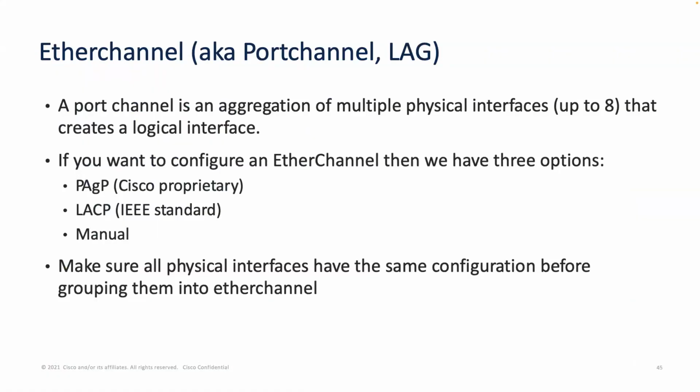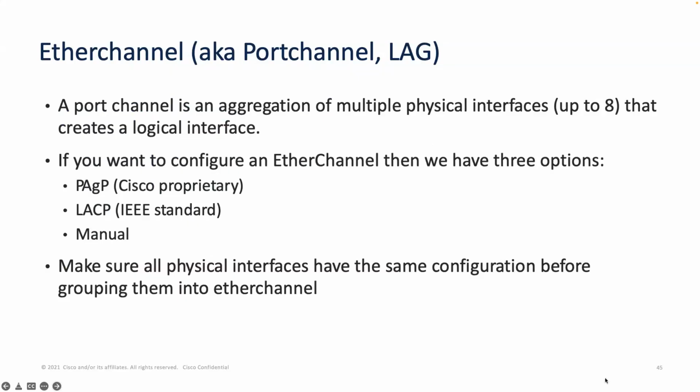Okay, the next topic is EtherChannel, which is also known as port channel or LAG. It allows you to group multiple physical links to create one logical link. So you can assign up to 16 physical interfaces to an EtherChannel, but only 8 interfaces will be active at a time.